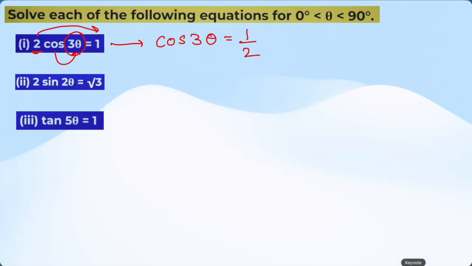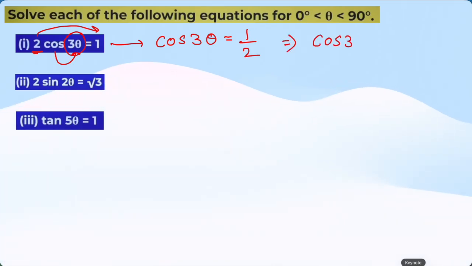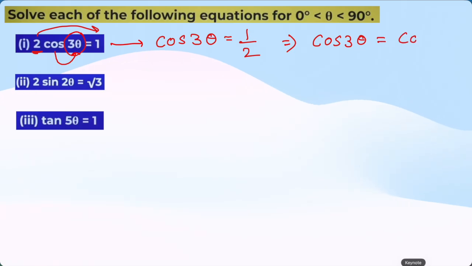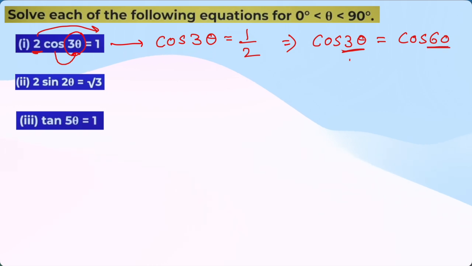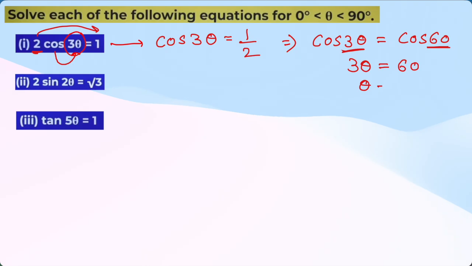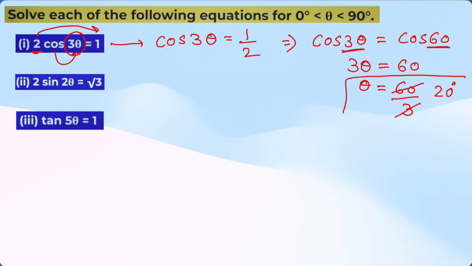Again, we have to compare. 1 by 2 is for cos 60 degree. So it will be cos 60. Now, this complete angle, when we compare with this, 3 theta will be equal to 60. Theta will be equal to 60 by 3 and it is 20 degree.